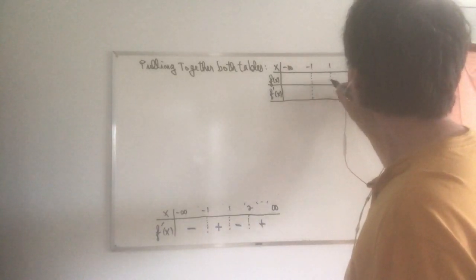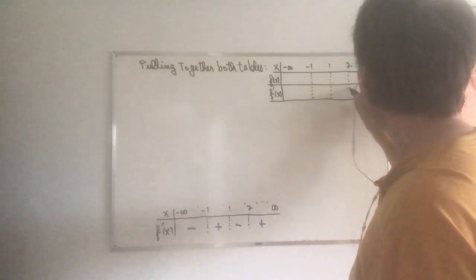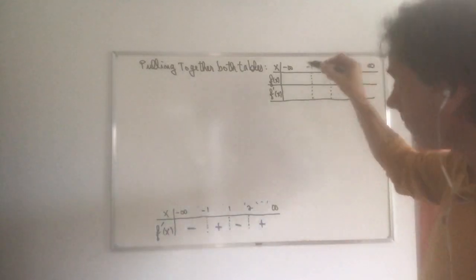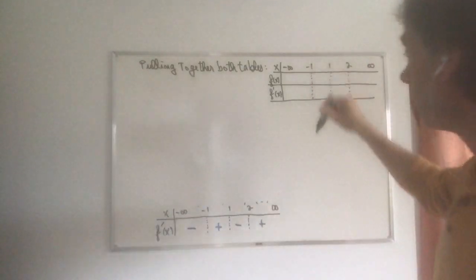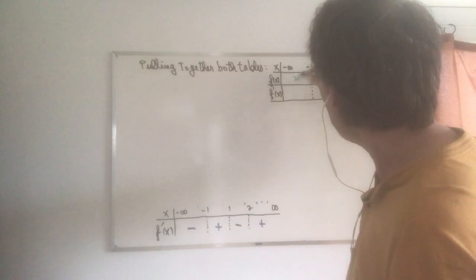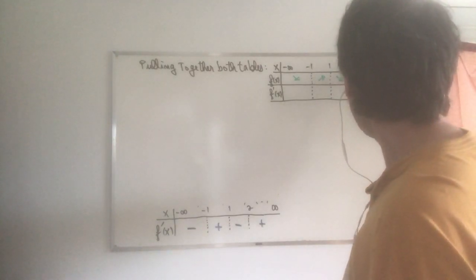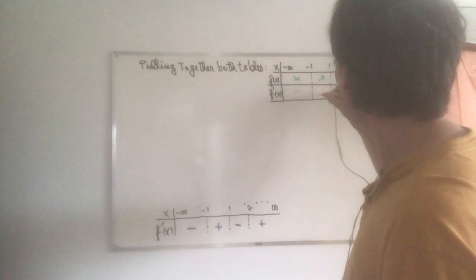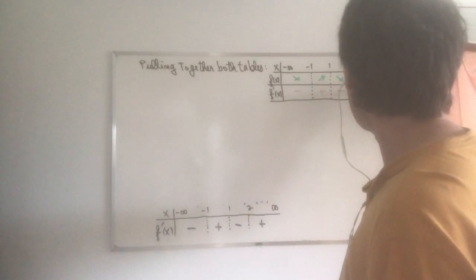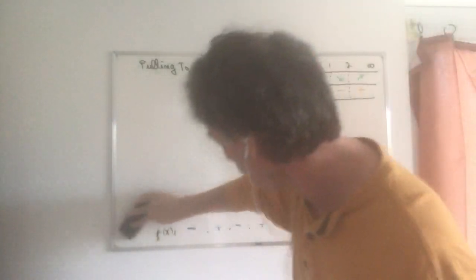And basically I'm just recopying here what we have done in the previous whiteboard. Here I had arrows going down, arrow going up, arrow going down, and arrow going up. While the signs that we had were negative, plus, negative, and plus, like this.